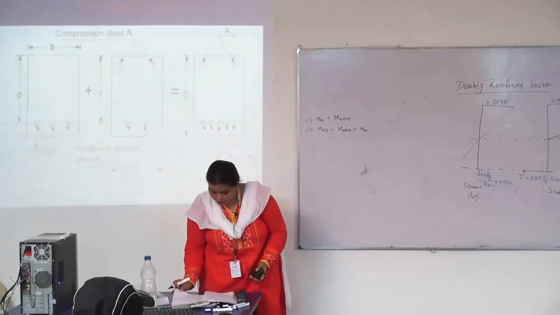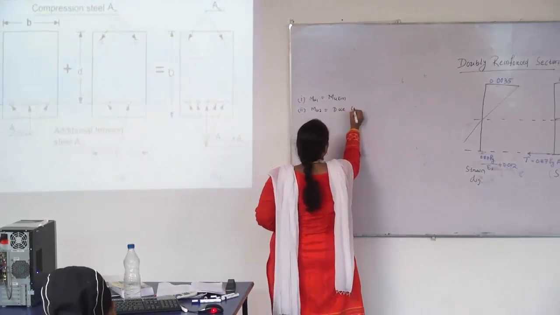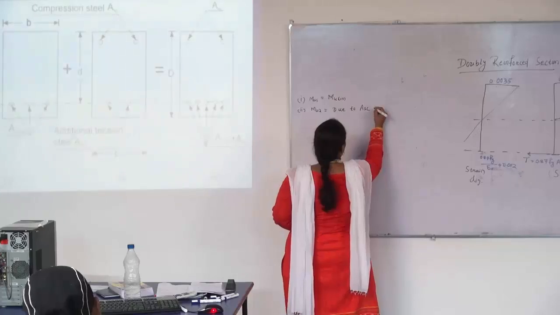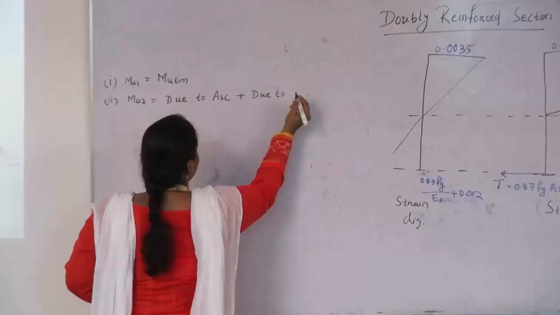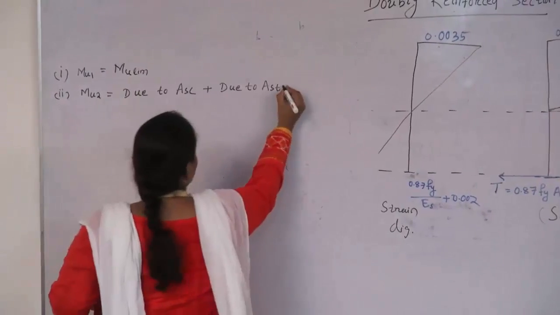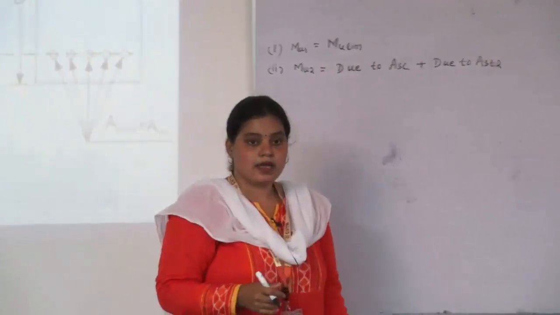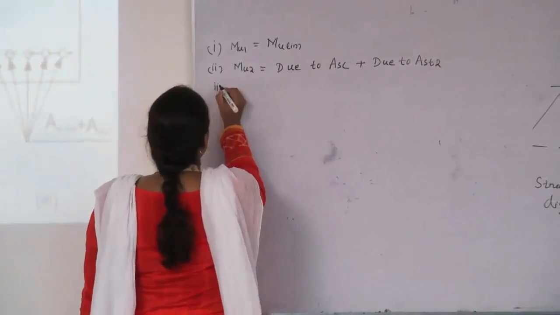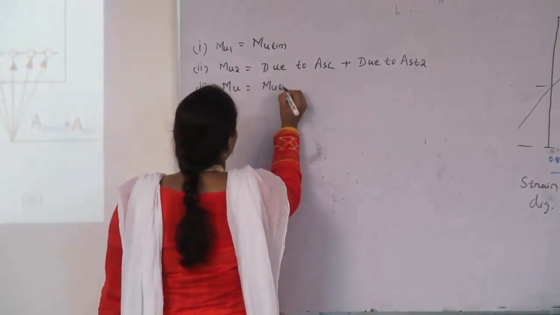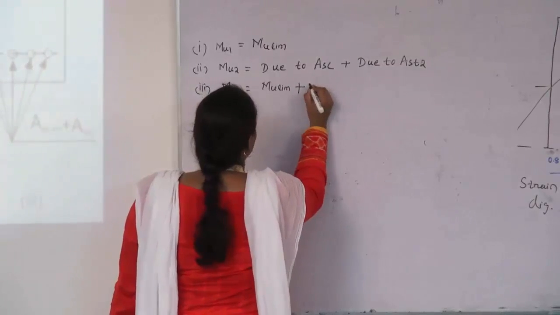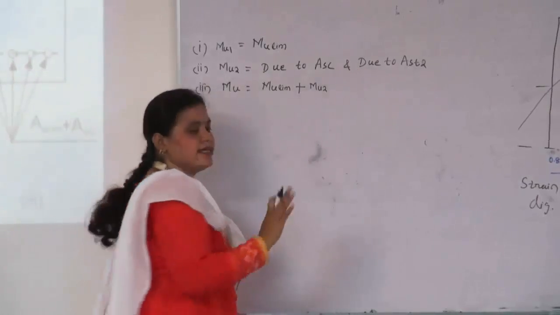You just see your notebook. Mu2 equal to the moment due to AC plus the moment due to AST2. Then total Mu equals Mu limit or Mu1 plus Mu2, here due to AC and due to AST2.